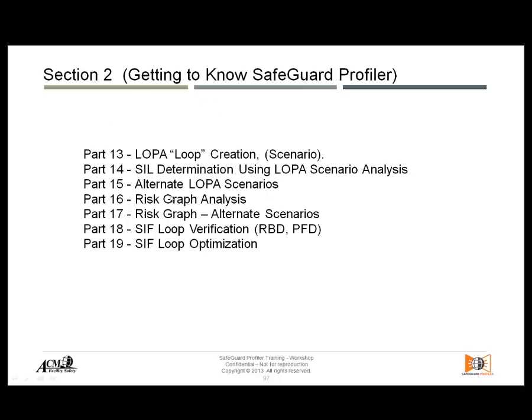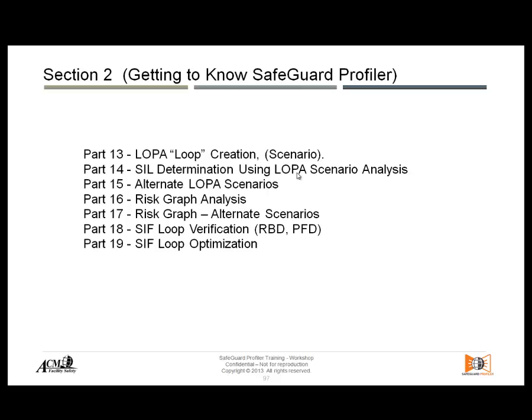Now we're going to continue with section number 2. We're going to create some layer protection analysis loops, and we will watch some videos already made, so that will be easy to see. Then we will go through SIL determination, with an example of a LOPA scenario analysis. We will do the Butane Sphere, which is coming next.